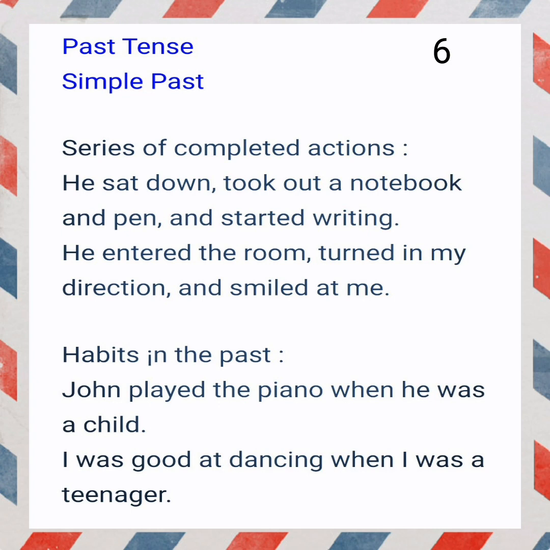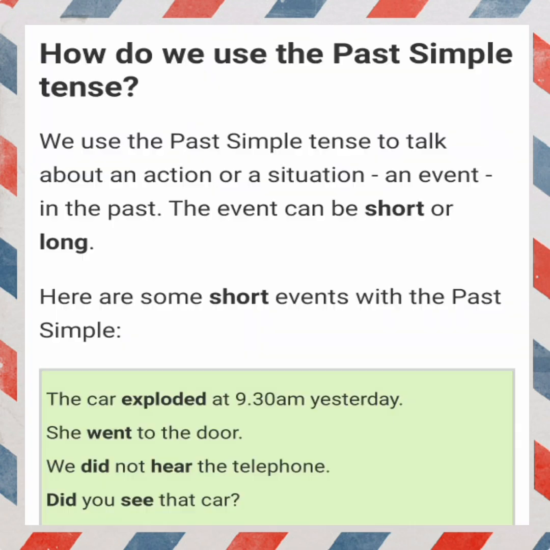In these situations, we are using simple past tense, that is the past form of the verb. Here: sat, took, started, entered, turned, played, was. These are past tense. How do we use this simple past tense?